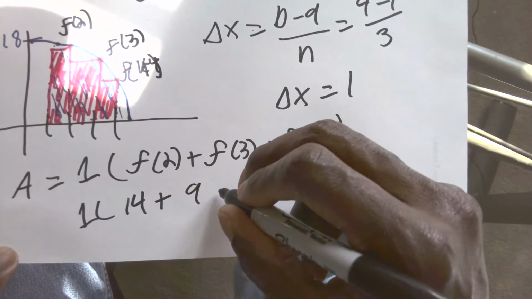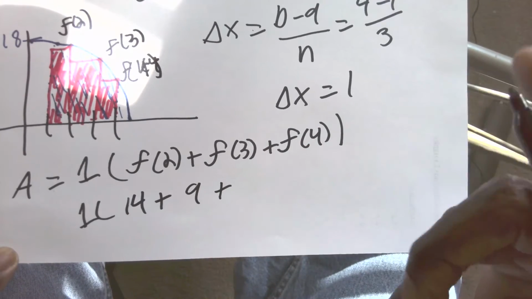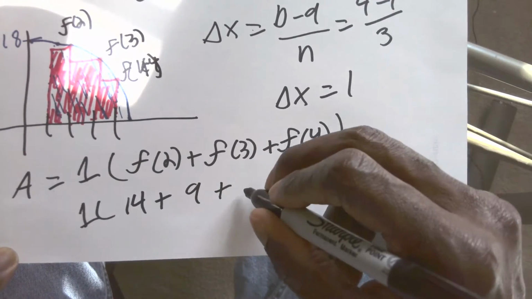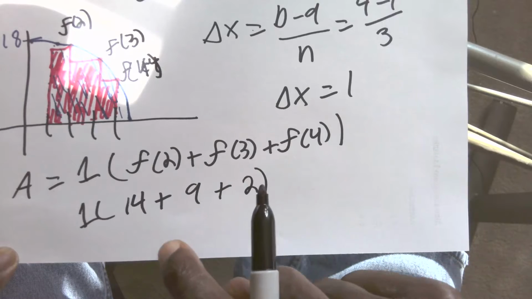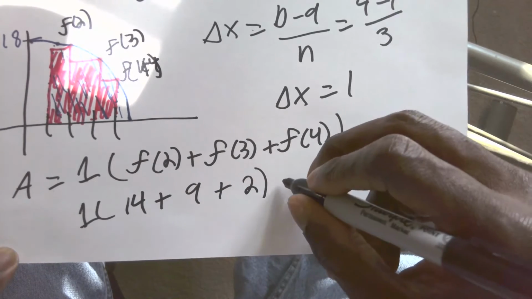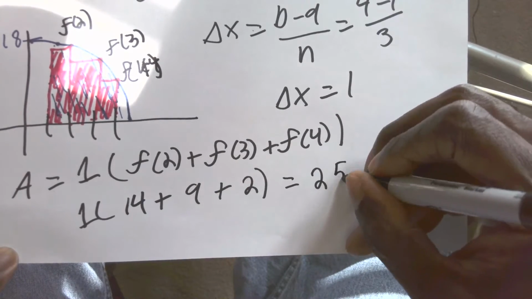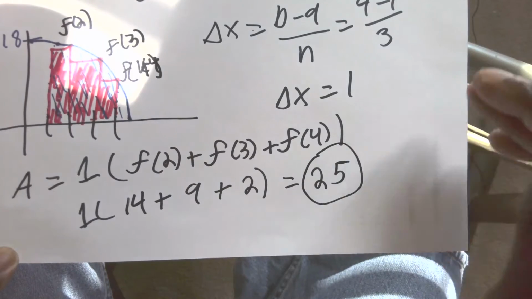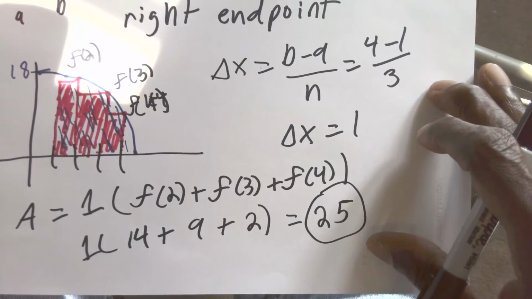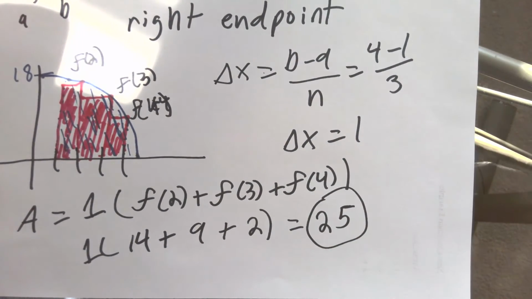And f of 4 would be 18 minus 4 squared. That's 18 minus 16, that's 2. And if we add those up, 14 plus 9 is 23, plus 2 is 25. So our right Riemann sum using 3 subintervals for the area of this function from 1 to 4 is 25. Hopefully you understand how we did that.